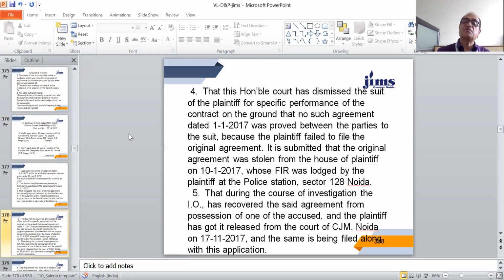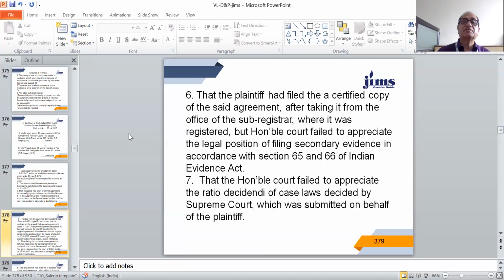I got it released from the criminal court, and the same is being filed along with this application. At the time of filing the suit, I was not in possession of the original agreement because it was stolen. After the judgment, since the IO has recovered the original agreement from the possession of the accused and I got it released from the criminal court, now I am filing the original agreement before the trial court along with my review application.